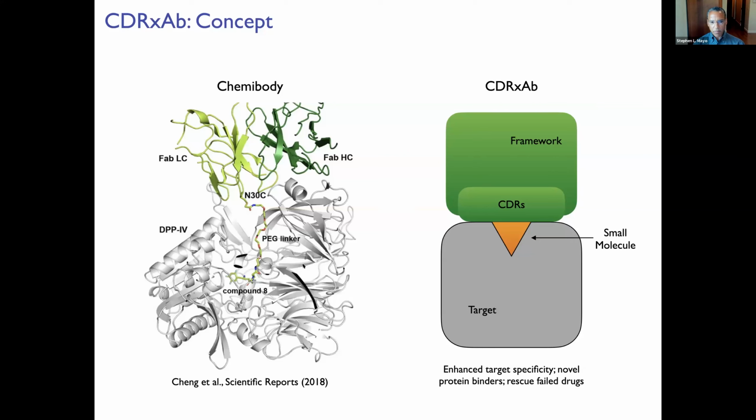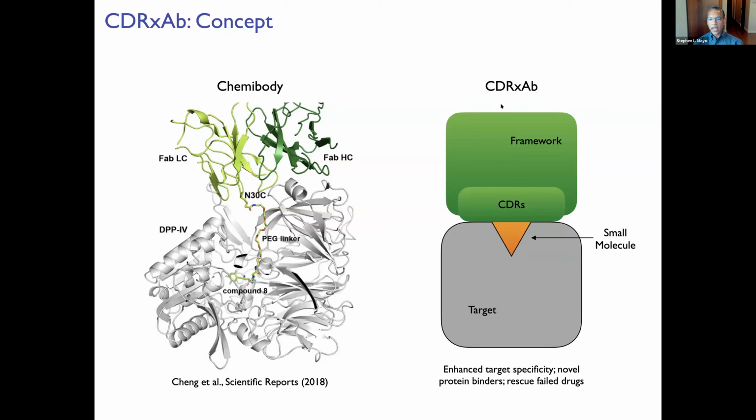And so you get binding synergy, but although it's hard to tell in this view, there's no direct interaction. Sorry, the antibody is binding on a part of the protein, the antigen, that is distal from where the small molecule binds. And of course, the linker, which is relatively long in this case, connects the two molecules together.